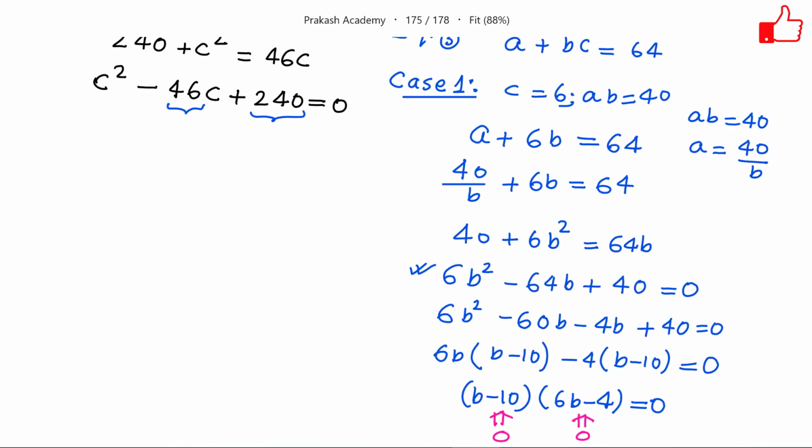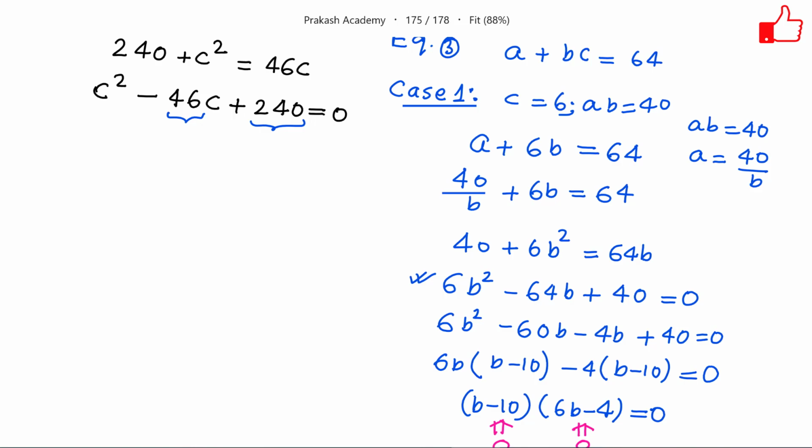So for this case b is equal to 10, and the value of c is 6. And then what is A? A is equal to 40 by B, that is 40 divided by 10. So this is equal to 4.